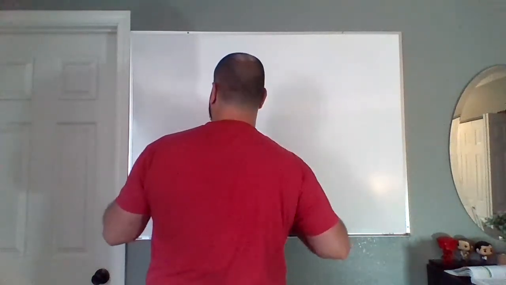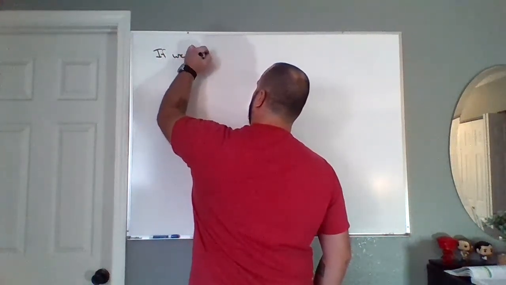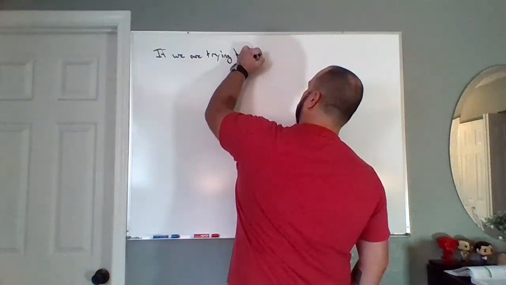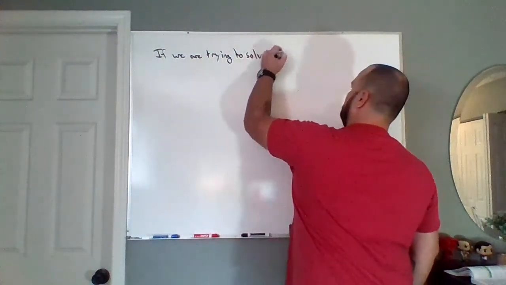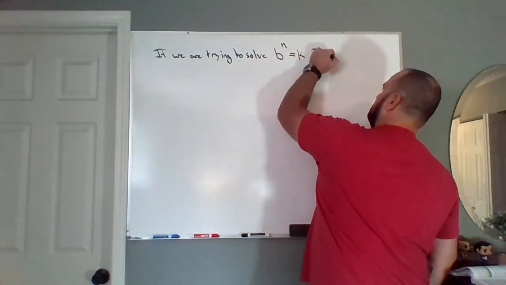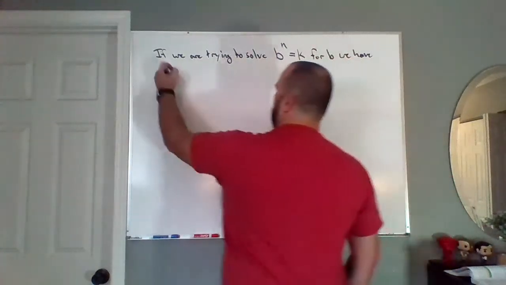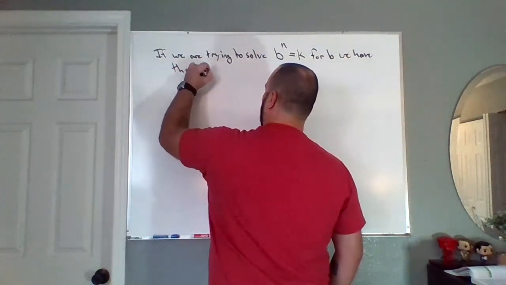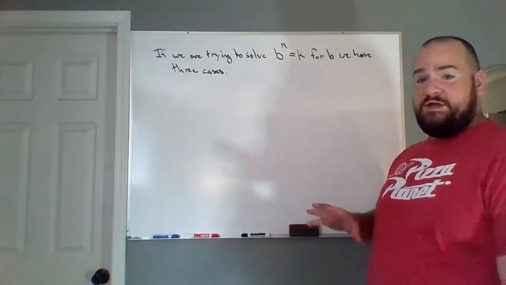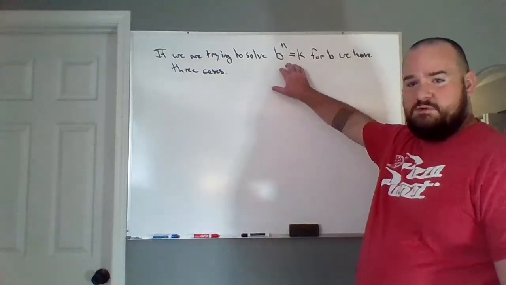So if we are trying to solve b to the n equals k for b, we have 3 cases. So the equation we're trying to solve is b to the n equals k. This is what we're looking for.